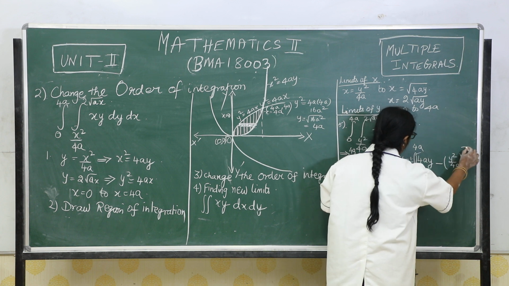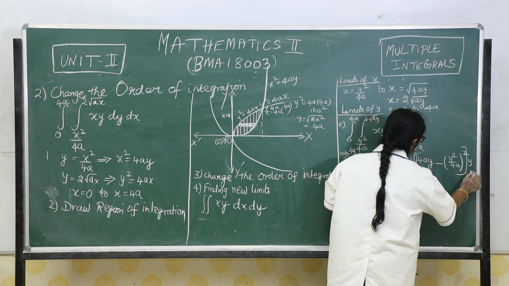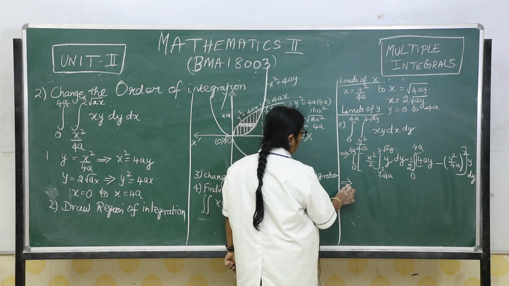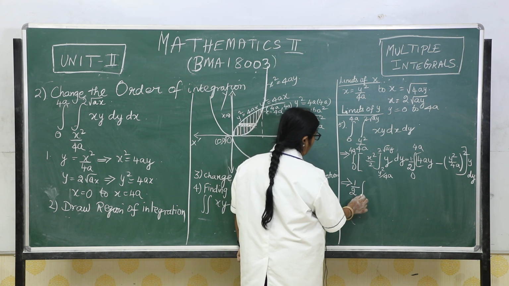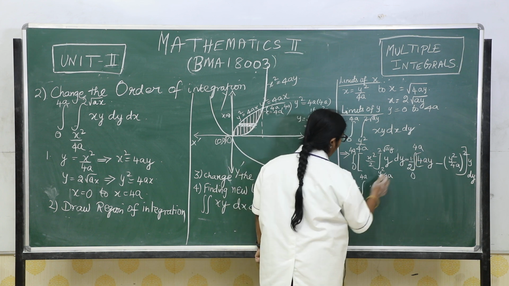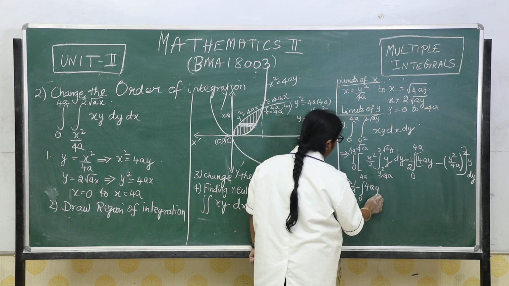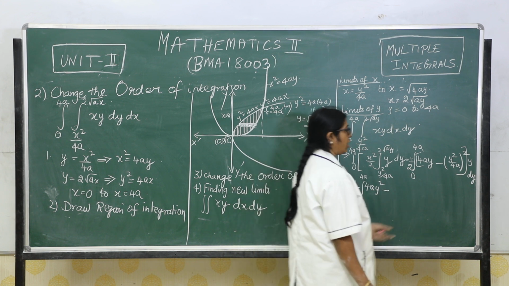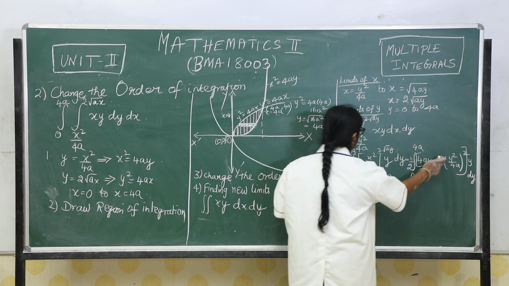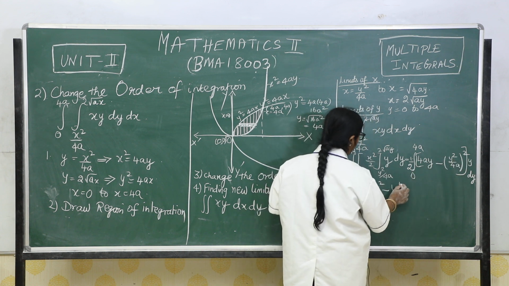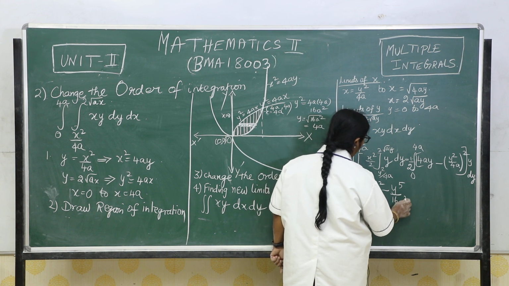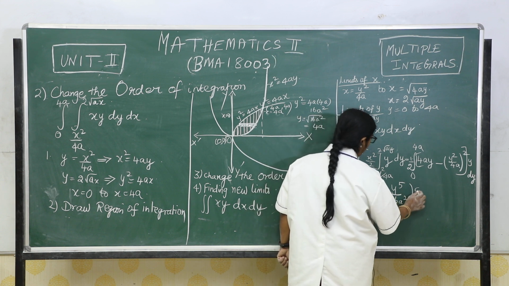This whole thing multiplied by y into dy. So, you get half into integral 0 to 4a, 4ay into y, 4ay squared minus y squared the whole squared is y power 4, multiplied by another y, y power 5 divided by 4a into 4a, 16a squared, whole thing into dy.